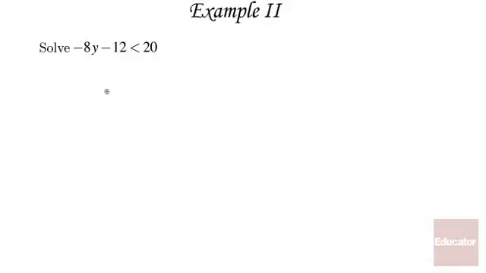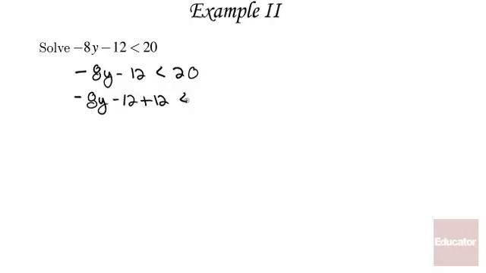In my second example, I have negative 8y minus 12 is less than 20. My first step is going to be add 12 to both sides. And that's going to give me negative 8y is less than 32.